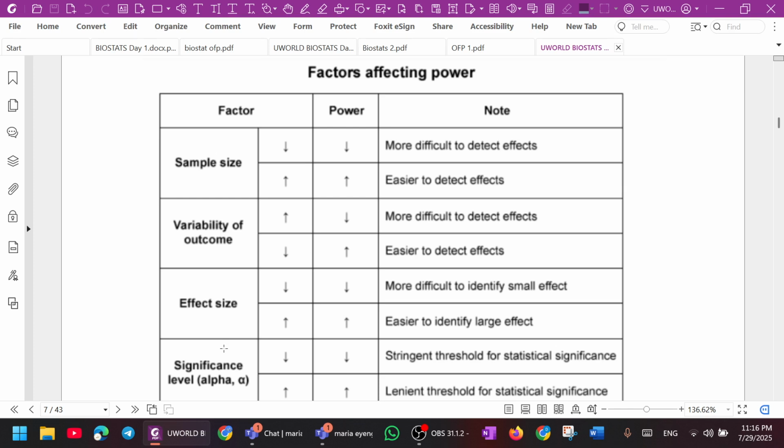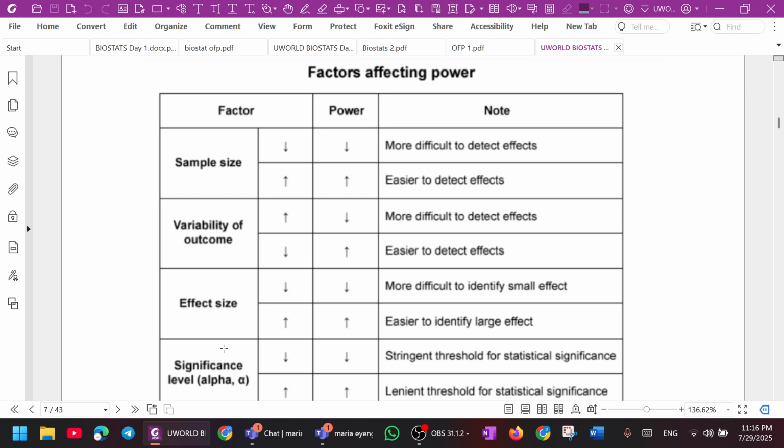Variability of outcome: if variability of the outcome increases, power decreases. More difficult to detect effects. If variability of the outcome decreases, power increases. Easier to detect effects. Decrease effect size, decrease power. More difficult to identify small effect.